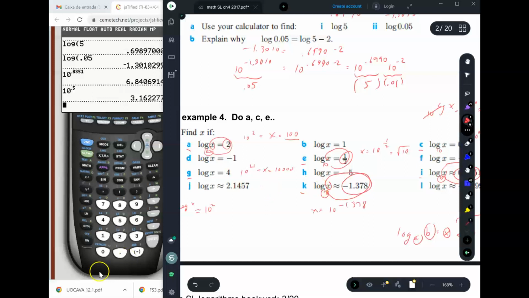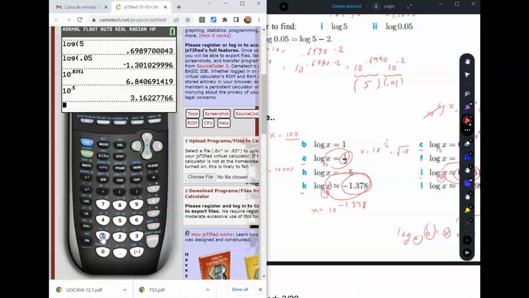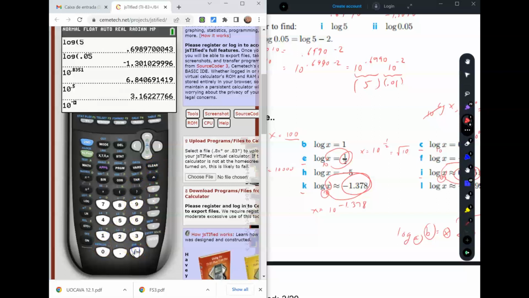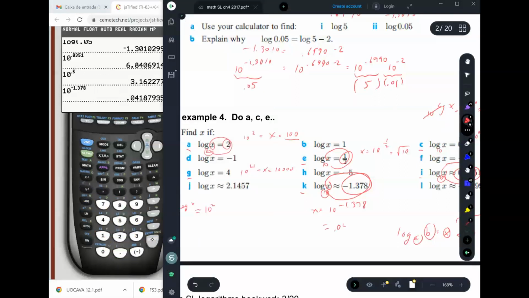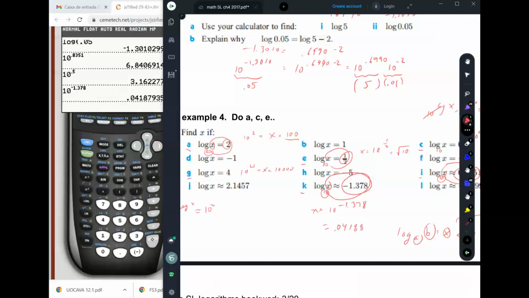If we put that in the calculator, 10 to the negative 1.378. Let's see, it would be 0.04188. Okay, so that's K. And I think that we've done them all, right? So that was page 2.